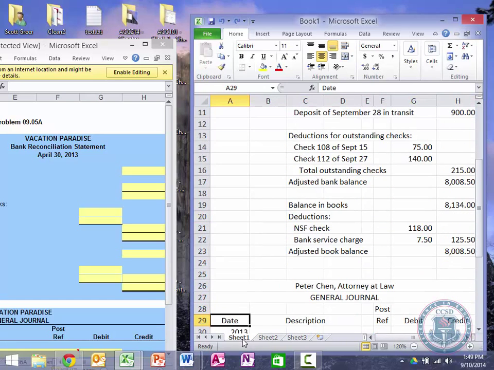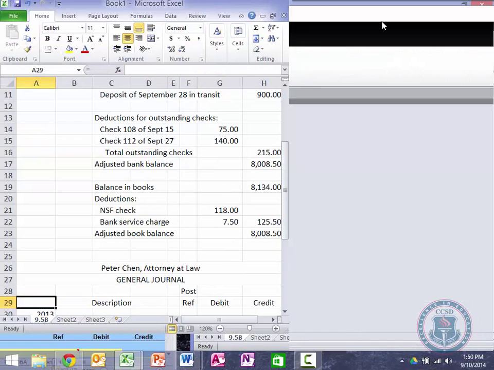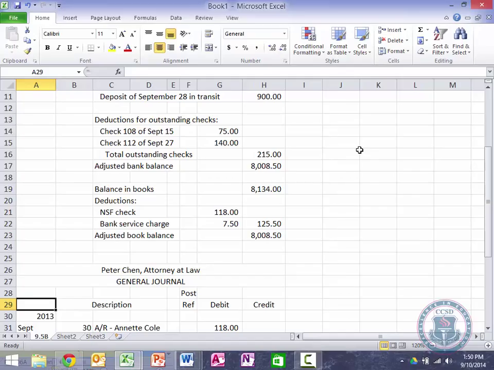I'm going to mark down here, this was 9.5B. Excellent. Let's move on to 9.6B.